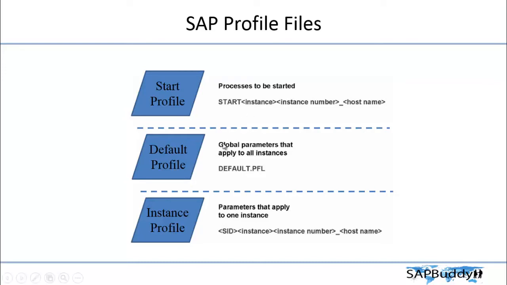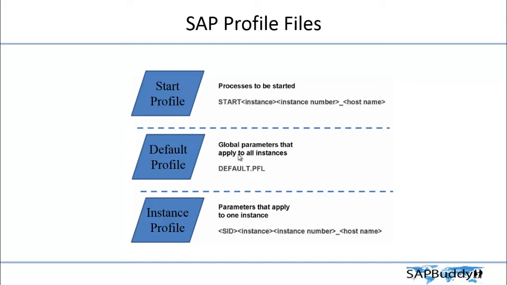The next step is the default profile. The default profile is also a global parameter file that applies to all instances. The name of this specific profile is DEFAULT.PFL. For example, if you have some parameters common to all the application servers, we maintain them here.